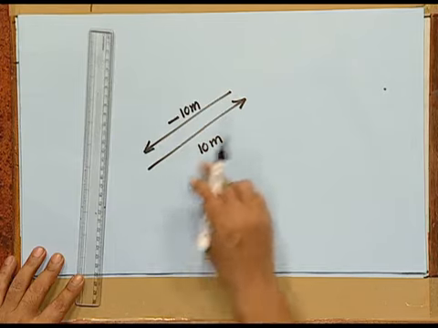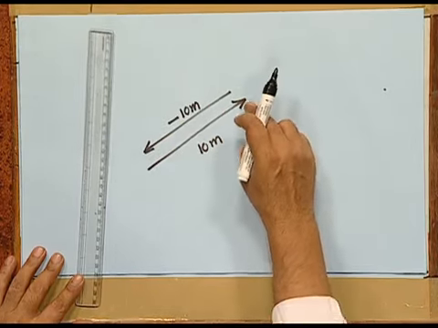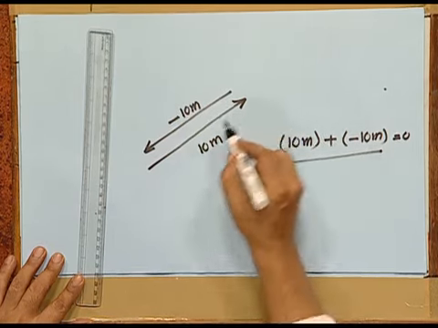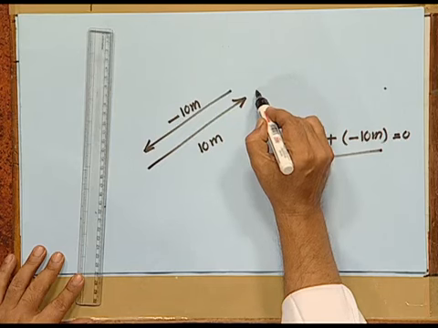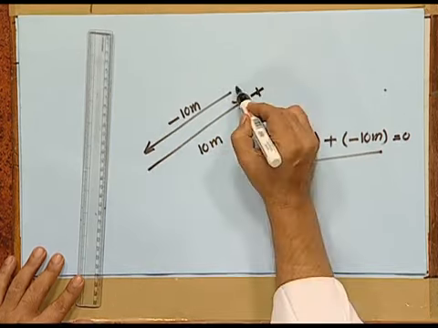The addition of these two displacements, 10 meters in a certain direction plus 10 meters in the opposite direction. Now, this is addition of displacement. The net displacement is 0, that is 10 meters along a certain direction, say the direction indicated by plus, and this direction is minus.